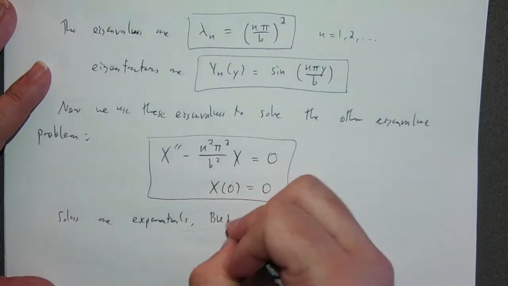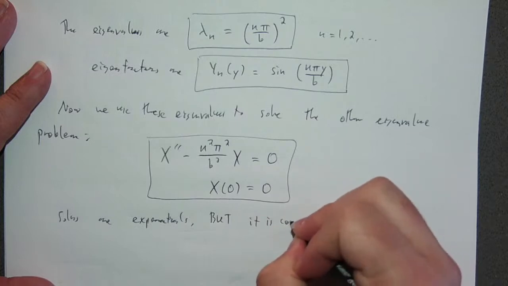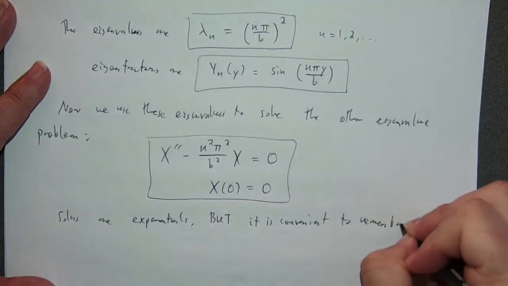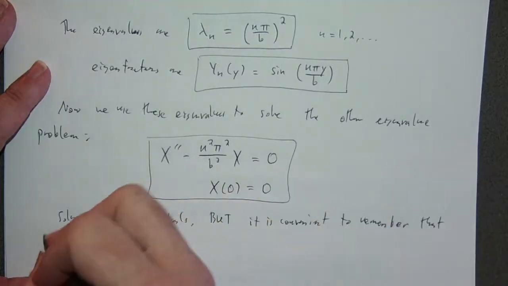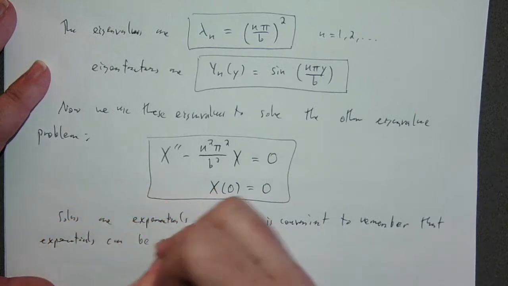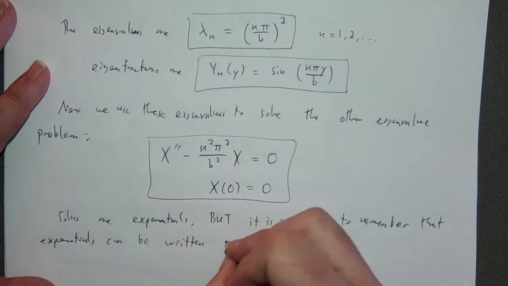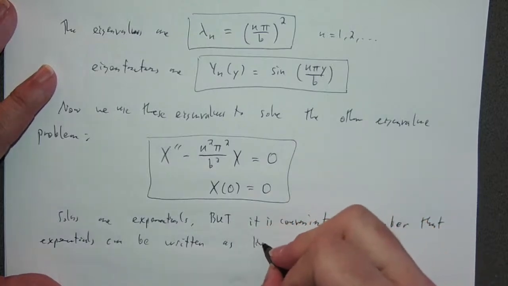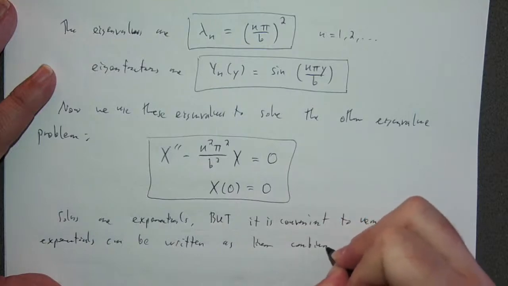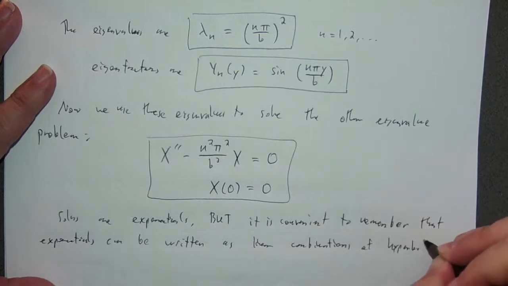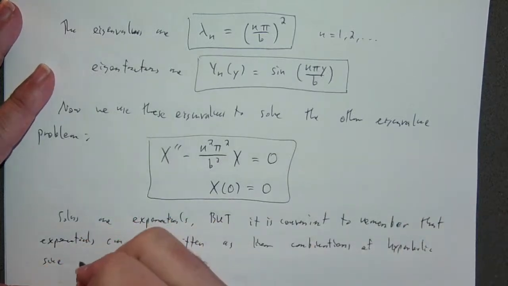But it is convenient to remember that exponentials can be written as linear combinations of sinh and cosh functions, as linear combinations of hyperbolic sine and cosine functions.